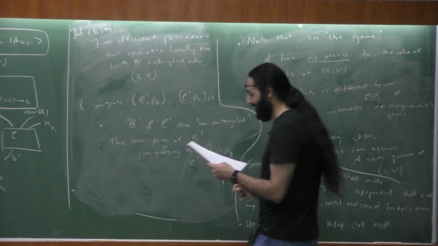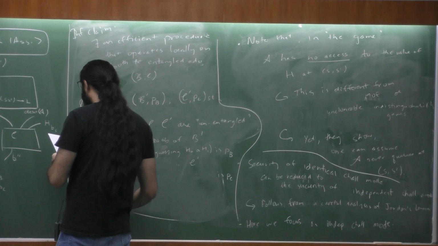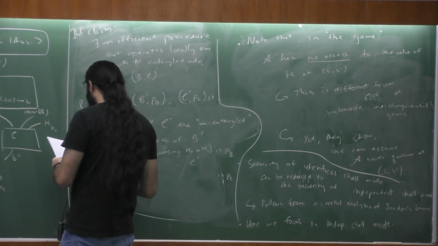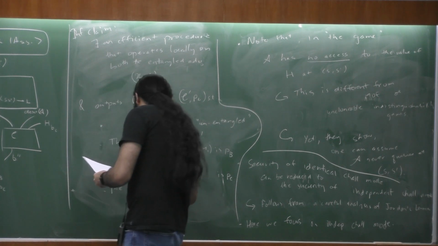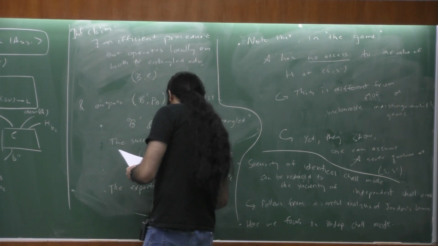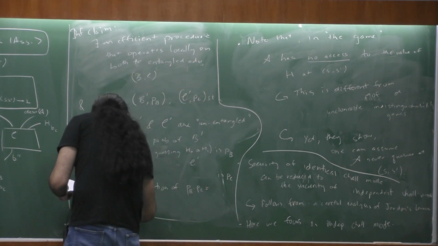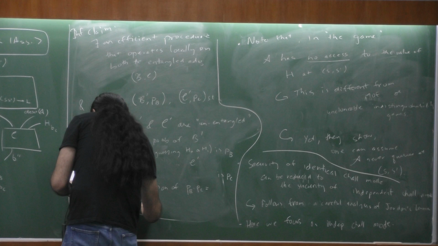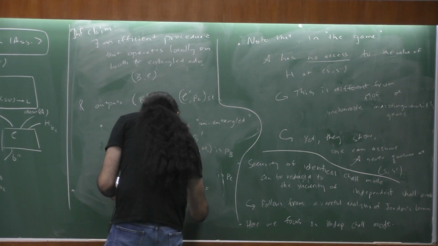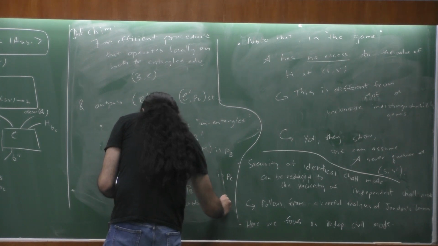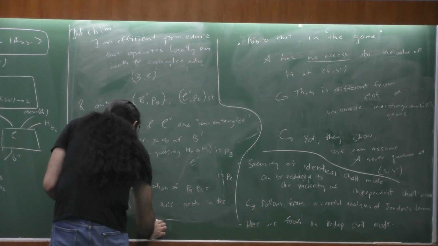Okay, and finally, the expectation of PB times PC equals BC's success probability in the independent challenge mode.